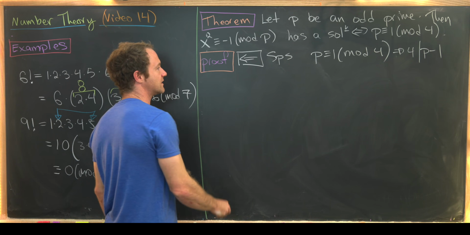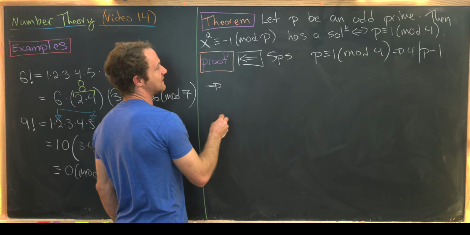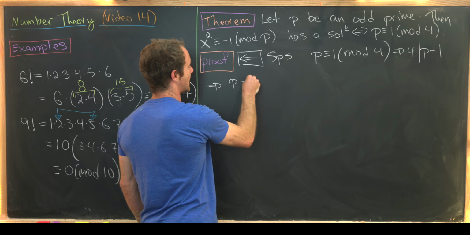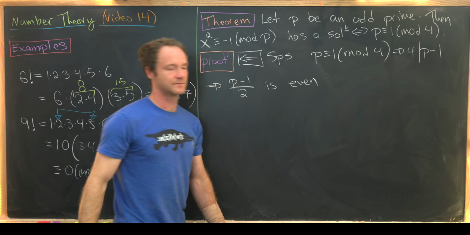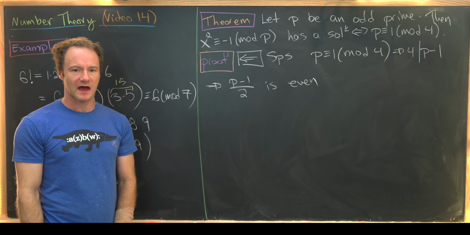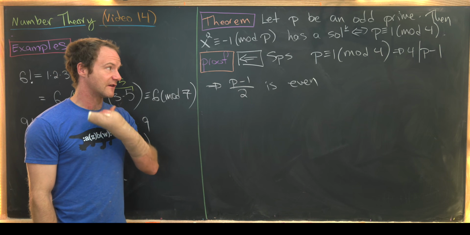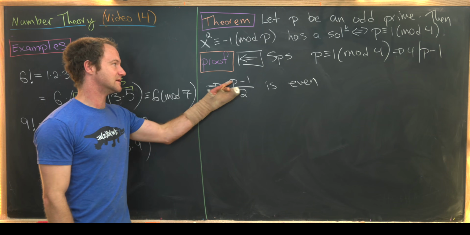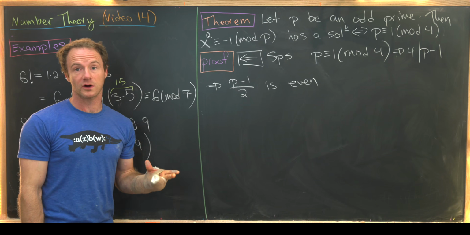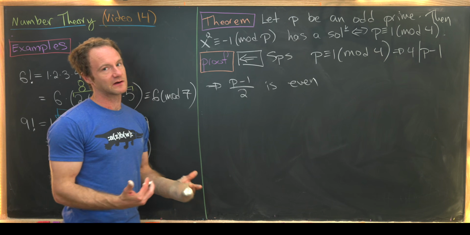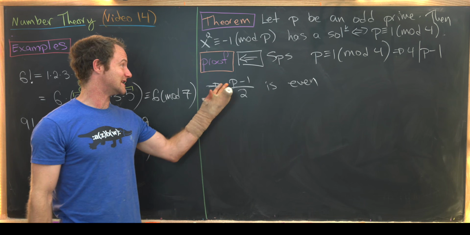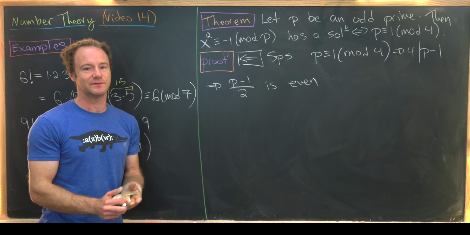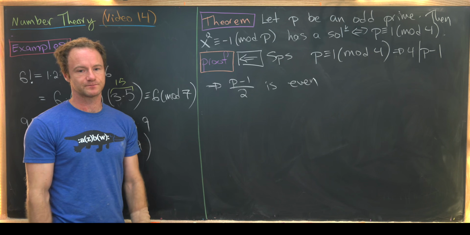But if 4 divides p minus 1, that tells us that p minus 1 over 2 is even. Let's talk our way through that really quick. The fact that 4 divides p minus 1 means that p minus 1 divided by 4 is an integer. We can write 4 as 2 times 2, move one of those 2's up, and then that means p minus 1 over 2 has to be an even integer.